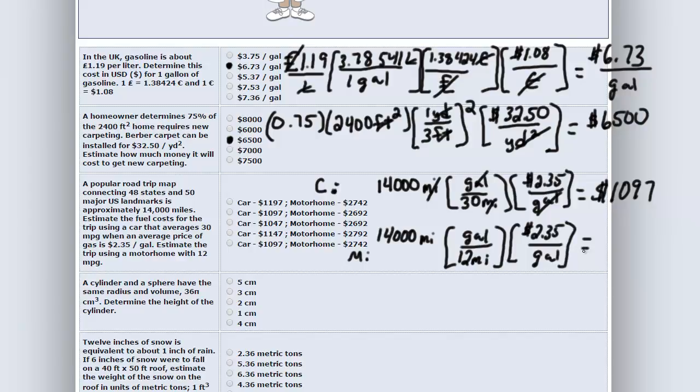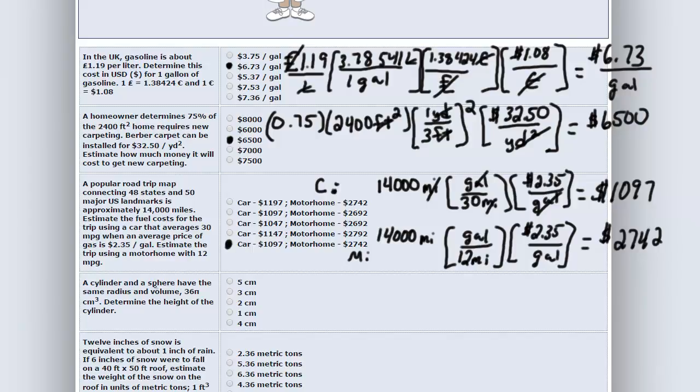So I have 14,000 miles divided by 12, and multiplied by 2.35. And I get 27.42 almost. So it's going to cost $2,742 for gas approximately if I take the motorhome, and $1,097 for the car.